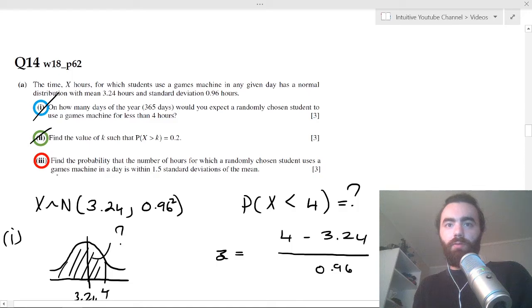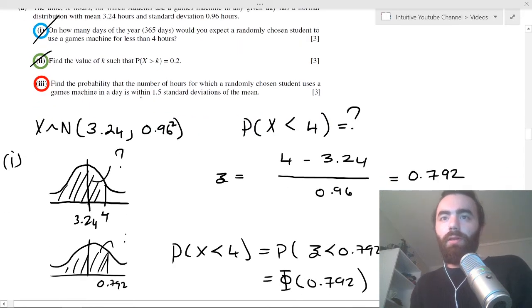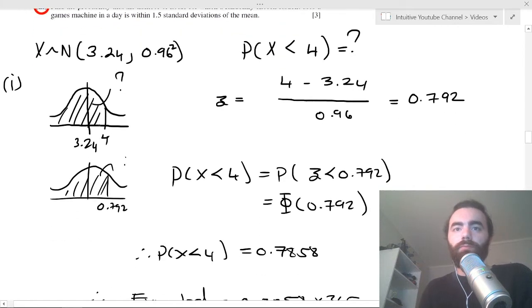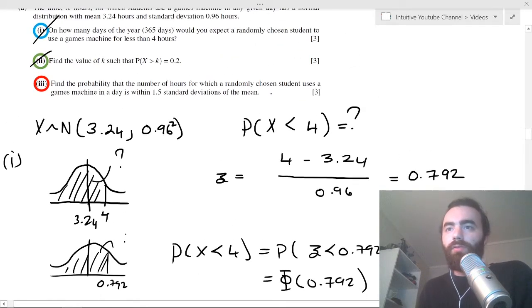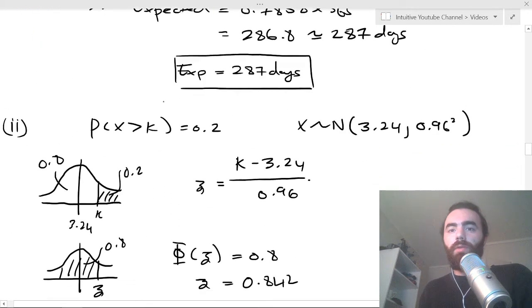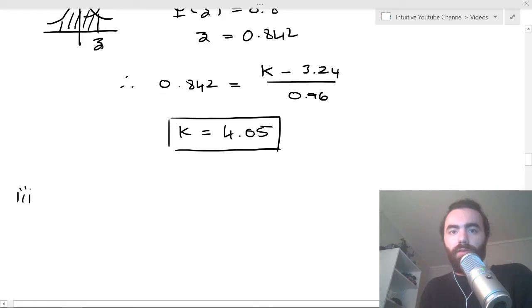Cool, so that's that one done, and then finally find the probability that the number of hours for which a randomly chosen student uses the machine in a day is within 1.5 standard deviations of the mean. So this wants us to find the probability that it is within 1.5 standard deviations of the mean.